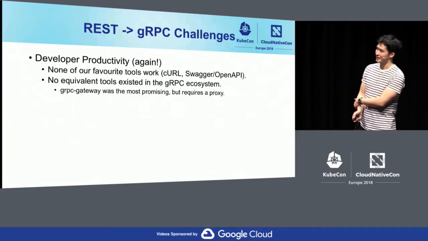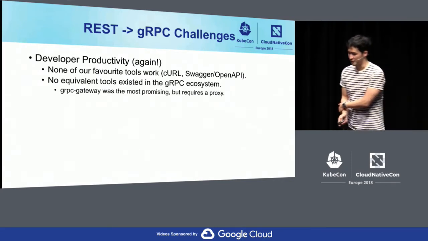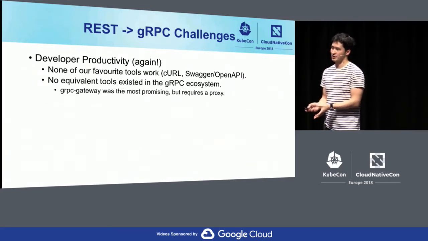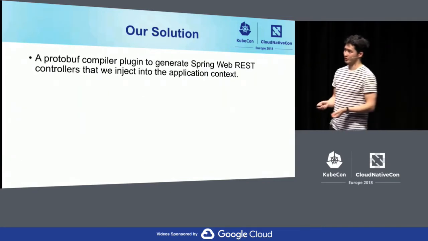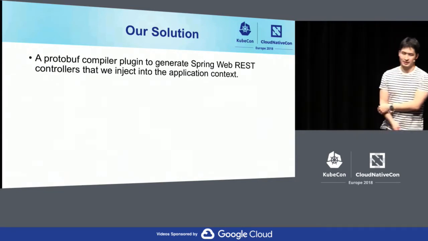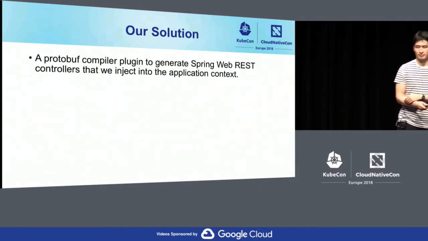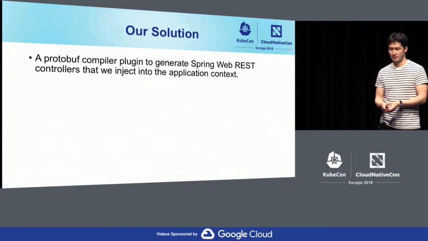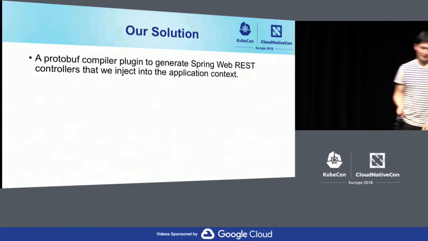Basically, we decided that it wasn't ideal, and we would want something that's more embedded into our application. And our solution, spoiler alert again, is to create a Protobuf compiler that would generate these controllers, and then to embed those generated controllers into our Spring application context.